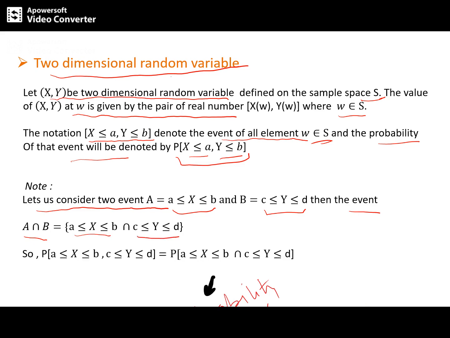So the probability of X lying between a and b and Y lying between c and d is denoted by the probability that X lies between a and b and Y lies between c and d.